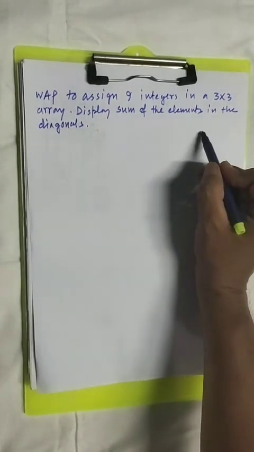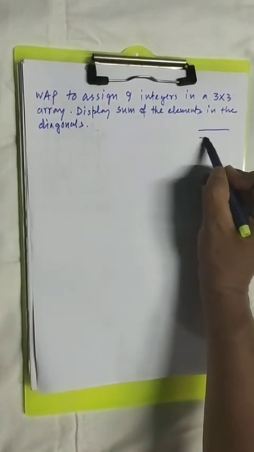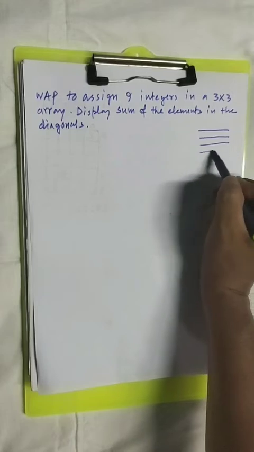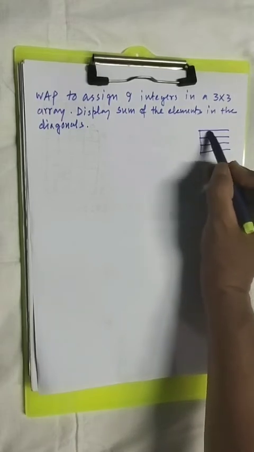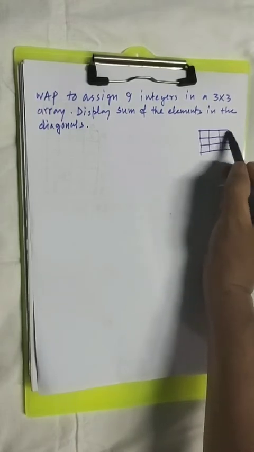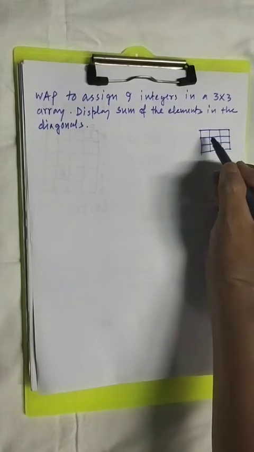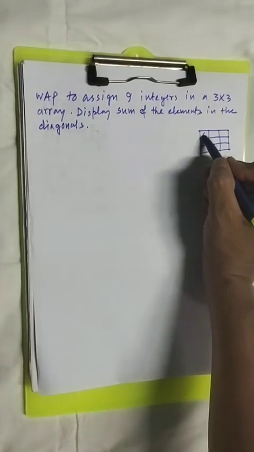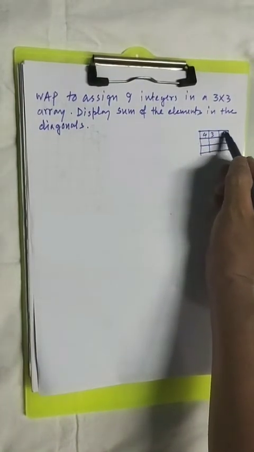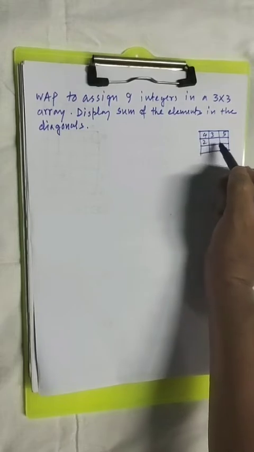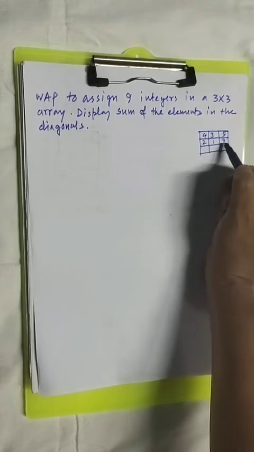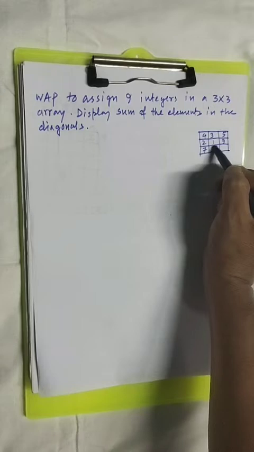That means we have to create one 3 by 3 array, that is 3 rows 3 columns. Then we'll assign numbers in those, say 4, 3, 5, 2, 1, 9, 7, 8, 6.